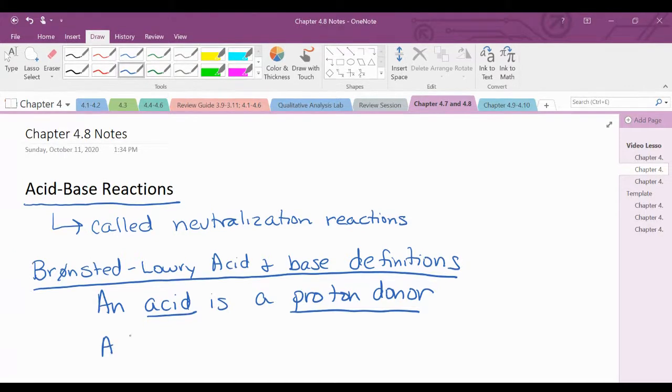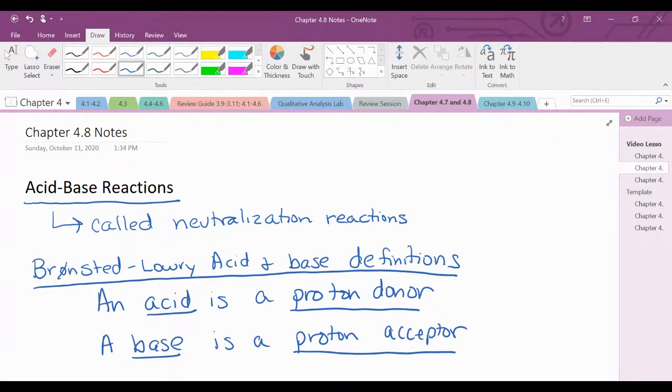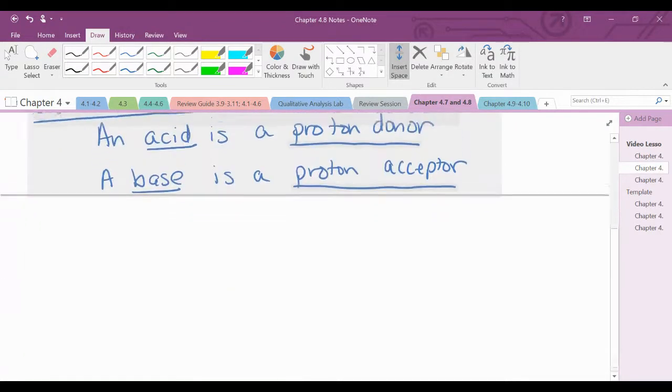A base is a proton acceptor. I'm trying to get some space in my paper here.